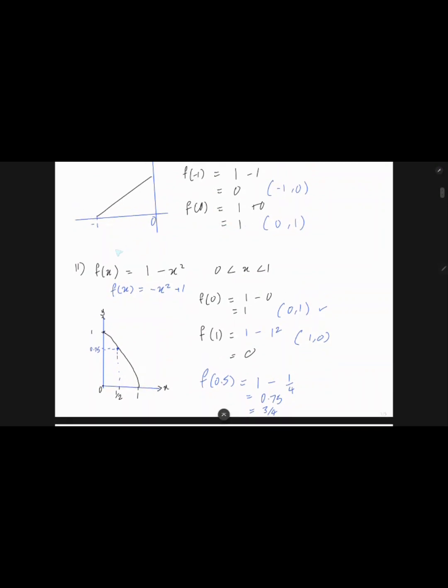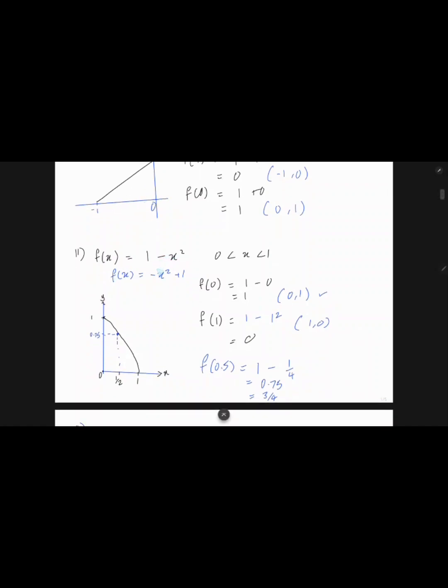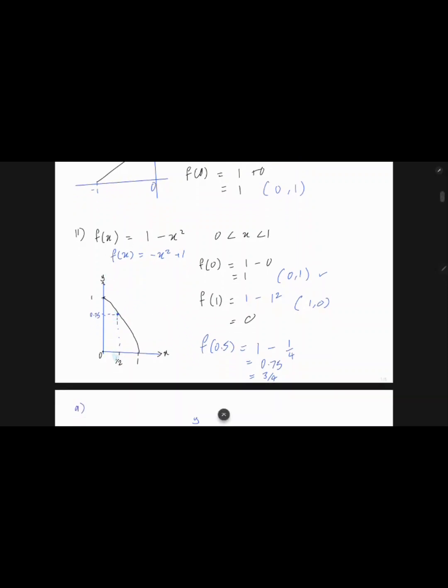Alright, the second equation is f(x) equal to 1 - x squared, interval of 0 < x < 1. Okay, for this equation, this is a quadratic equation. We can see from this graph. But for the quadratic equation, we need another point, or middle point.